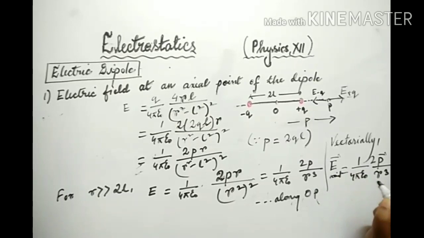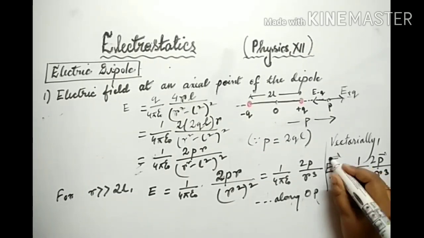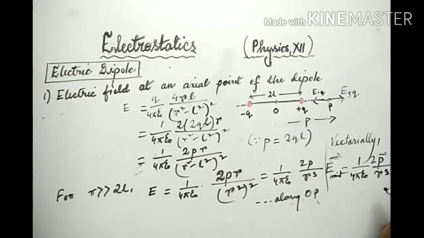Here you can put a subscript: E axial vector equals 1 by 4 pi epsilon naught 2p by r cube. So this was the electric field at an axial point of the dipole.